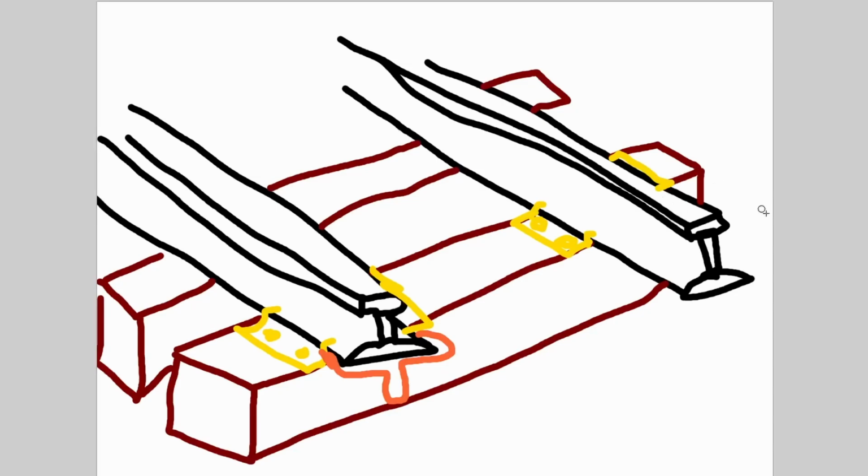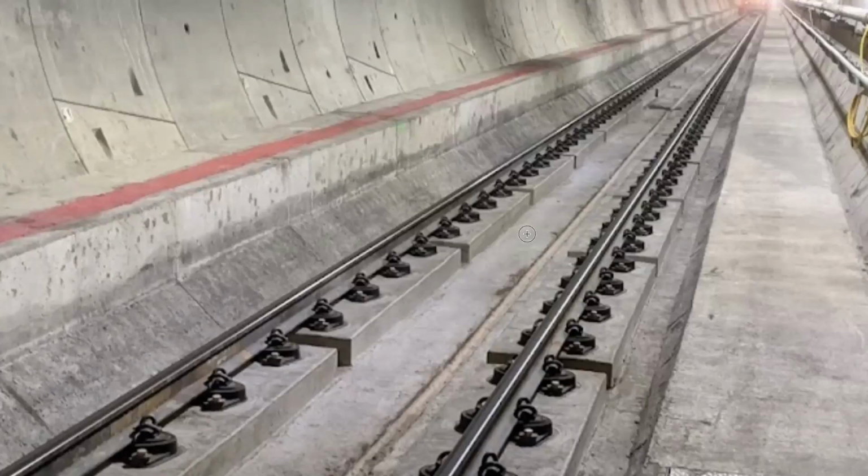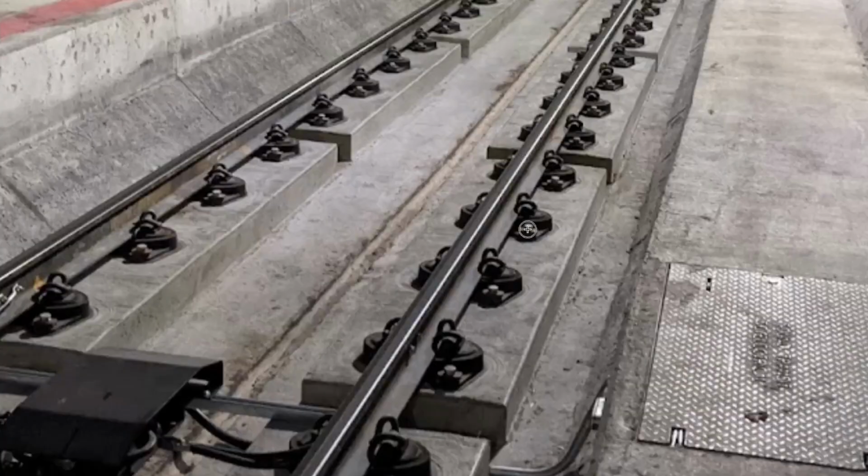Now, there's another kind of track affixement that is more common to more modern applications, typically using the concrete ties, and that is rather than using the spikes that we've talked about, we also have rail clips. Here are some rail clips in service on very interesting looking track that we'll talk more about in a little bit.